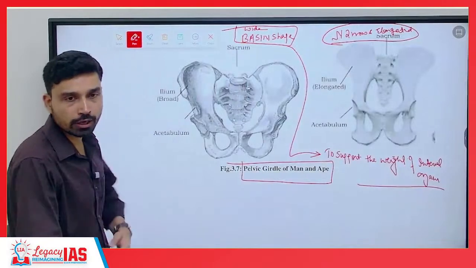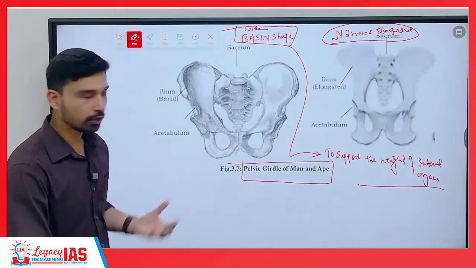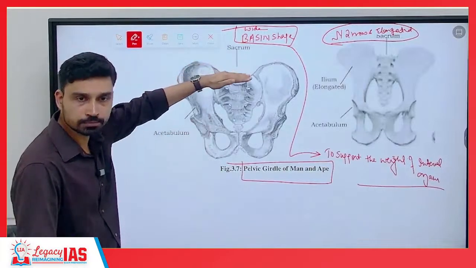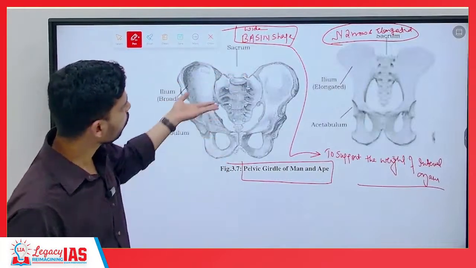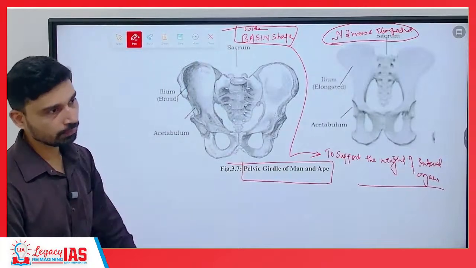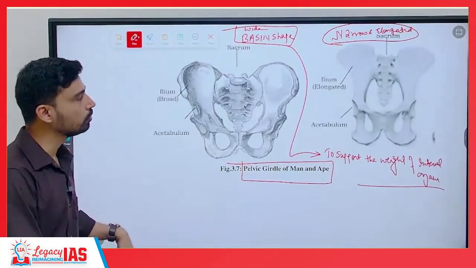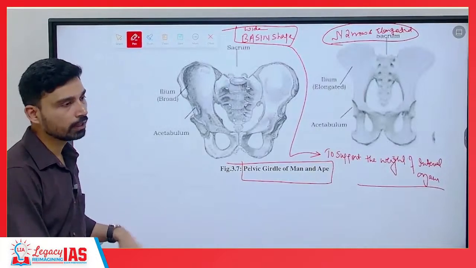All the internal organs are basically resting in one single line, and the weight of all this finally comes on what? On the pelvic girdle, because below this you only have bones. So all the internal organs, right from the neck, the throat, up to the bottom part, require support, and the basin shape helps in giving them proper support.